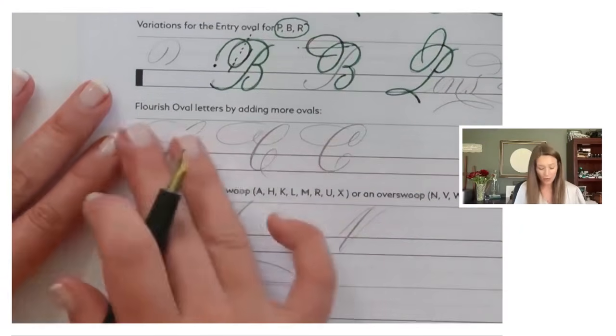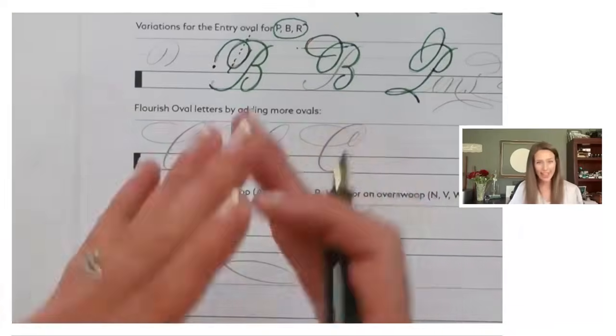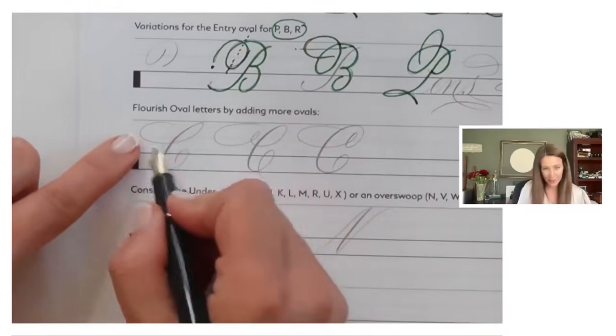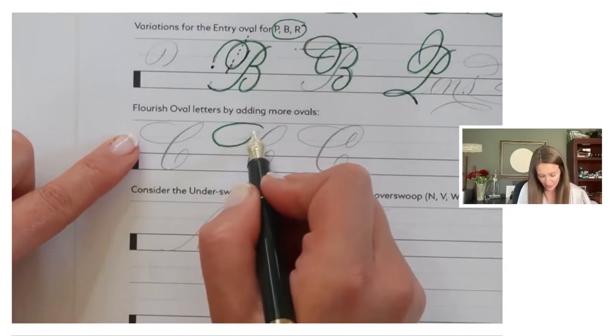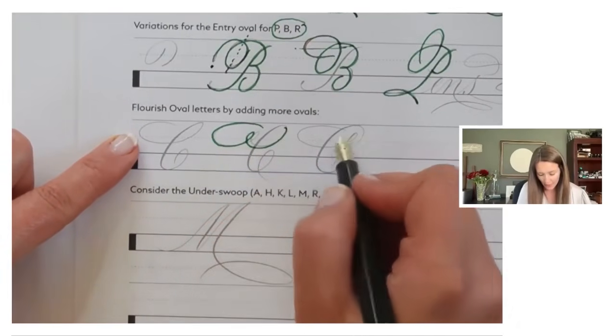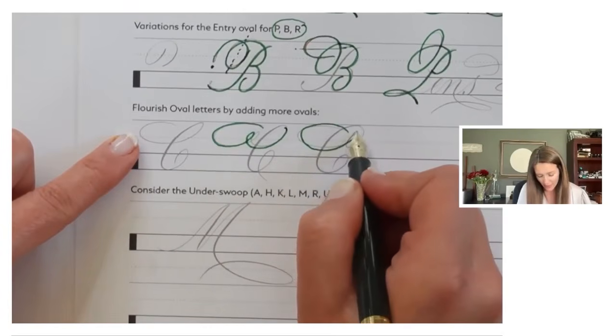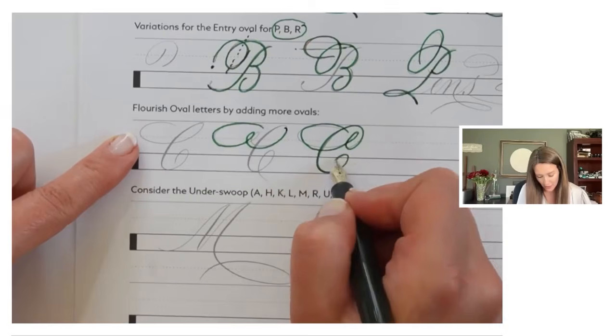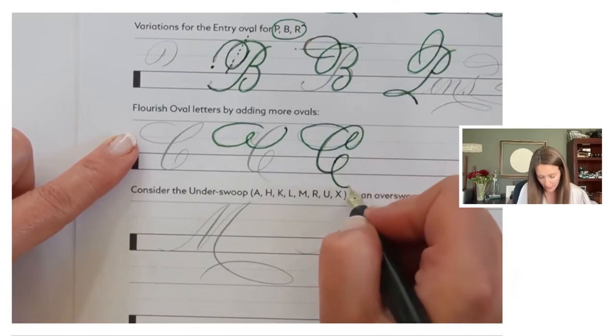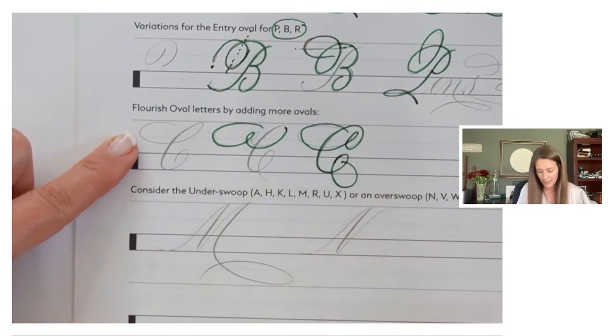Now with our oval letters, shocker, we're just going to add more ovals. So here would be our basic structure for the C. You can come in here and tuck in a small oval on the outside, or you could tuck in an oval on the inside. This is what I do a lot for my own name. Coming around. Oh, look, here's an oval. We can keep going with that oval. Tuck it around like that.